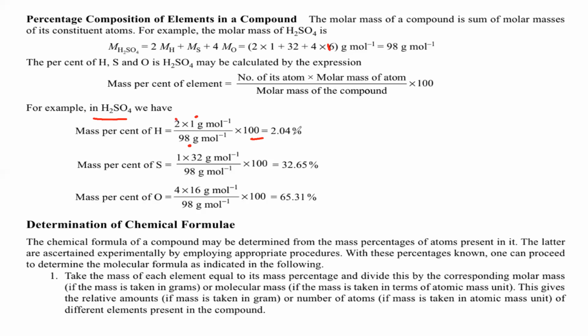So we got 2.04%. Similarly for sulfur, it is 32.65%, and for oxygen it is 65.31%. In this way we find the percentage of an element in a compound: number of its atoms in the molecule into molar mass of the atom, by molar mass of the compound, into 100.